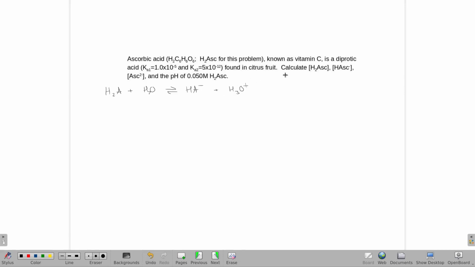Our initial concentration is very low, 0.50. I can still ignore this because we're dealing with Kas, and we're going to assume this is 0, and this is 1 times 10 to the negative 7th. And our change still looks the same. Since that was 0, these two go up, and this goes down.